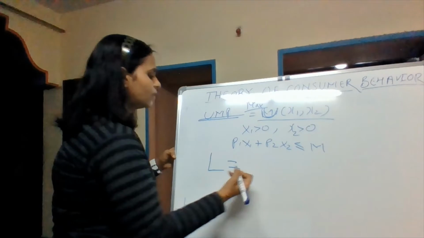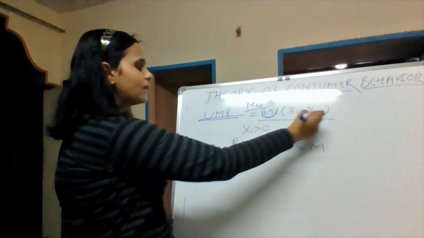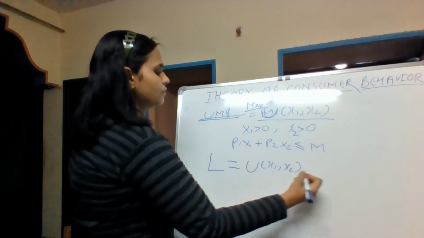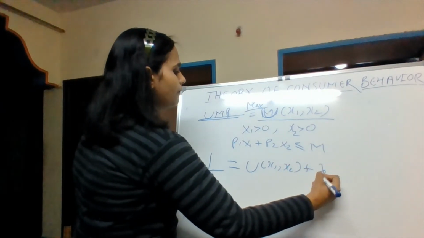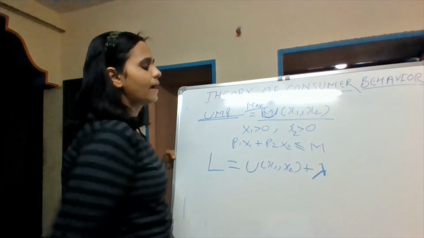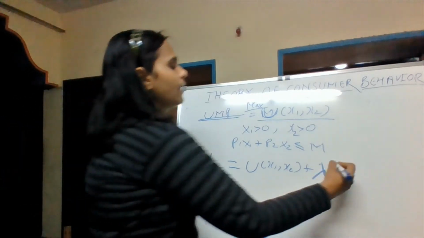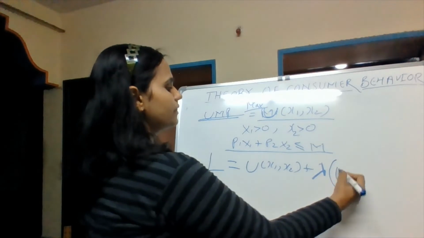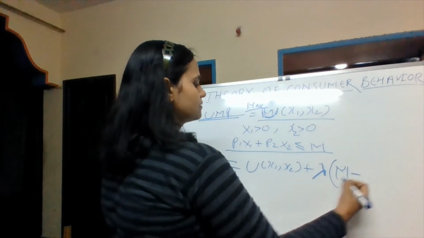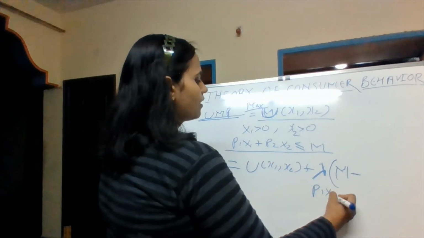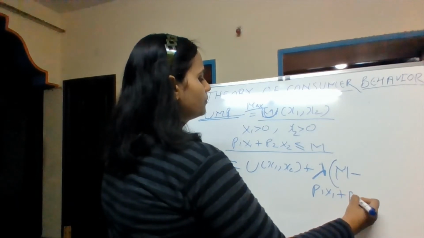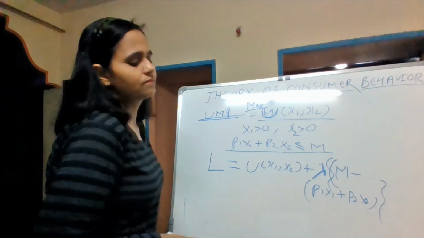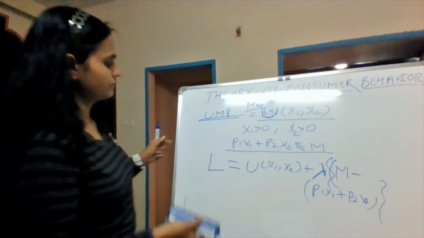L equals your function u(x1, x2) plus lambda, the Lagrange multiplier, times your constraint, which is m minus (p1x1 plus p2x2). That is your Lagrange function.